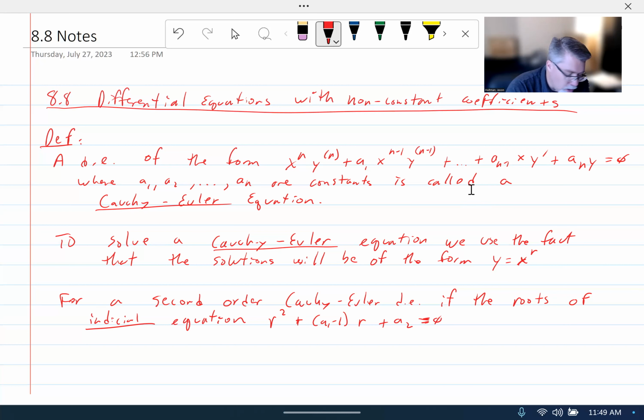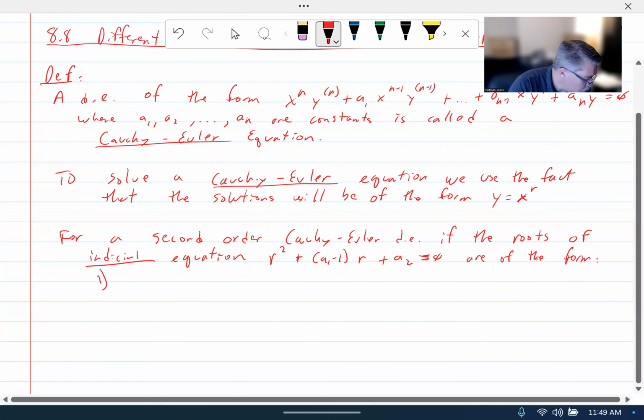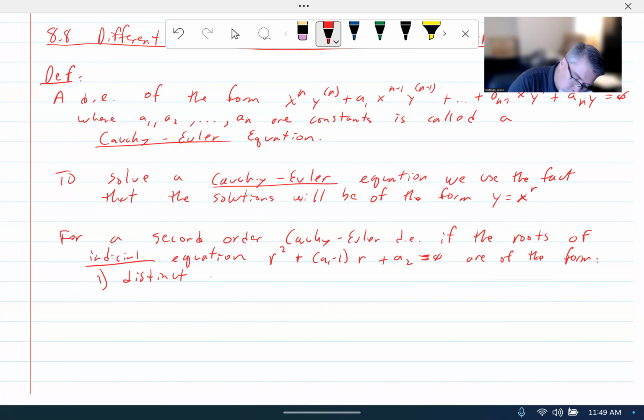If the roots of what we call the initial equation are distinct real roots, then y1 equals x to the r1 and y2 equals x to the r2, whatever those roots are.